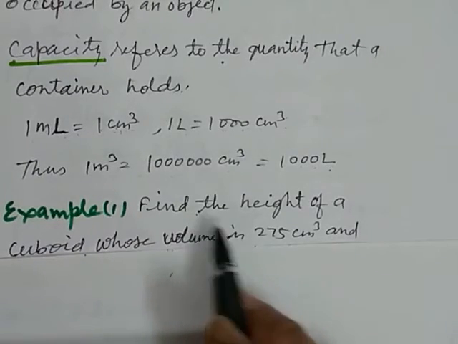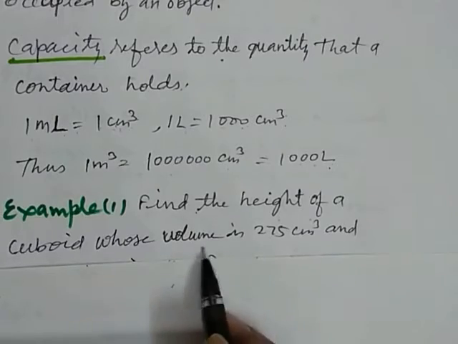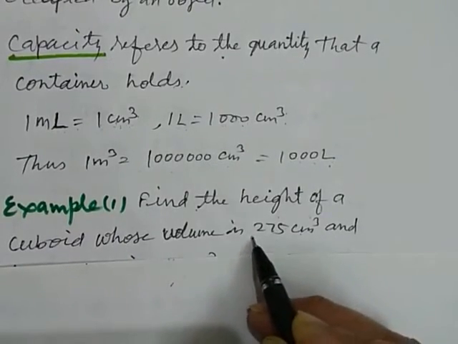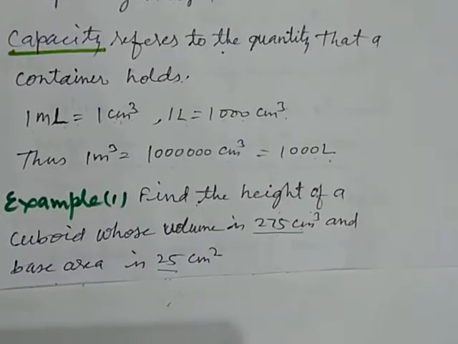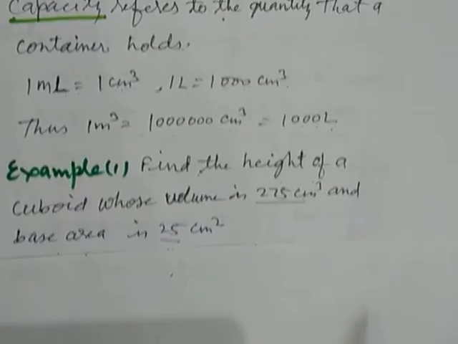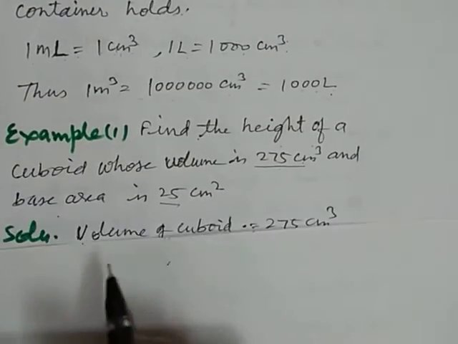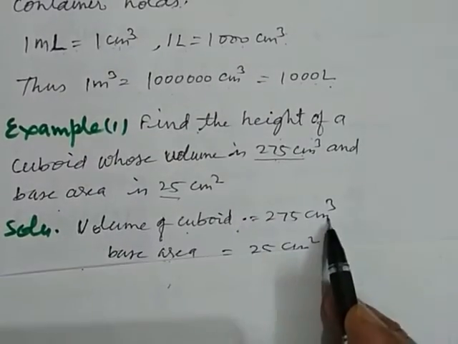The example: find the height of a cuboid whose volume is 275 centimeter cube. Volume is provided to us and base area is 25 centimeter square, also provided. So first we express the given data. Volume of cuboid is 275 centimeter cube.